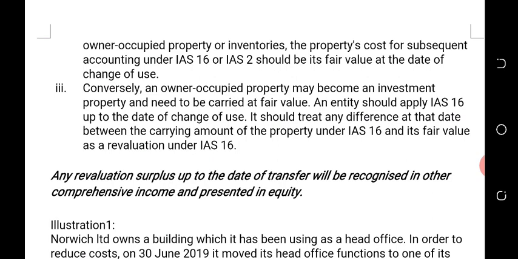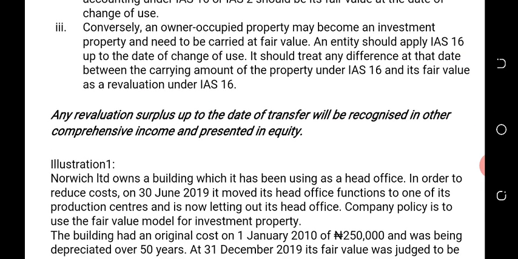It should treat any difference at that date between the carrying amount of the property under IAS 16 and the fair value as a revaluation under IAS 16. Any revaluation surplus up to the date of transfer will be recognized in other comprehensive income and presented in equity.